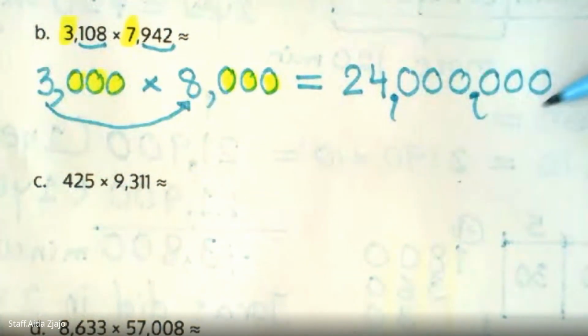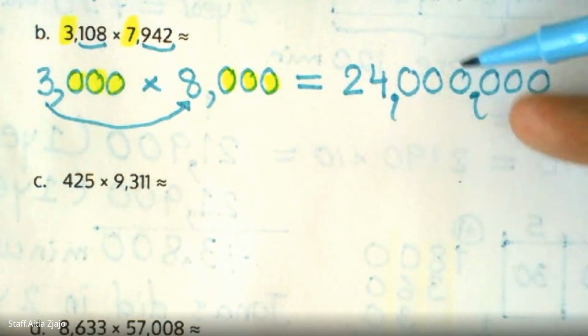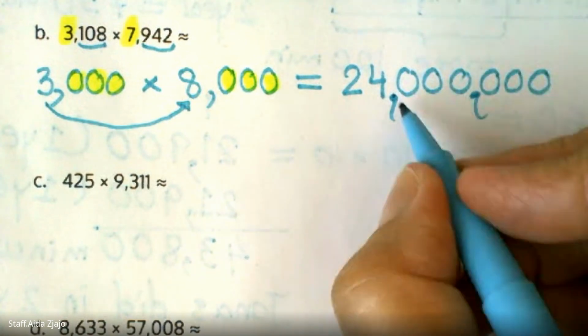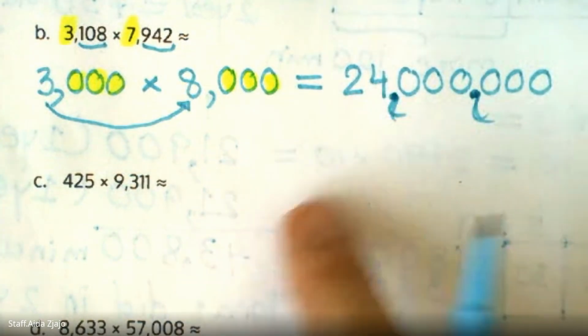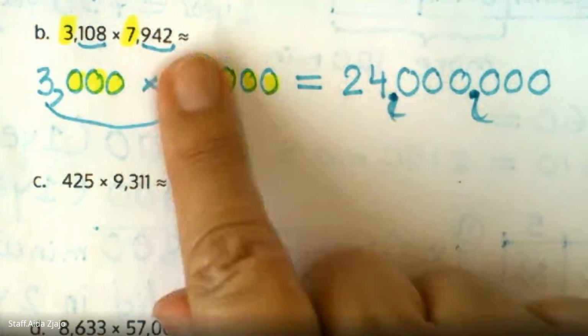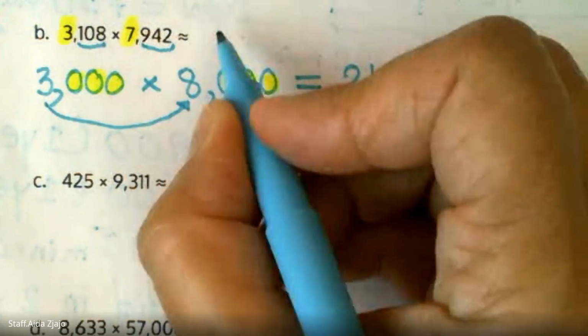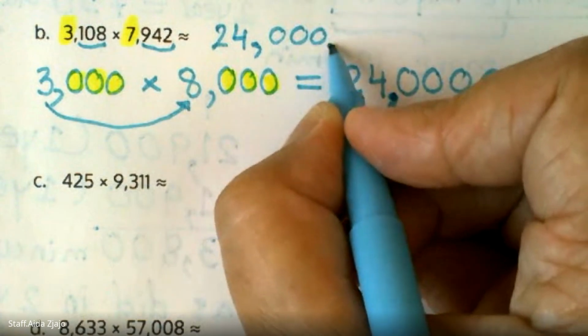So this represents the ones period, and this represents the thousands period. And after the second comma, these represent millions. So we can say that there are 24 millions. Our answer is going to be about 24 million.